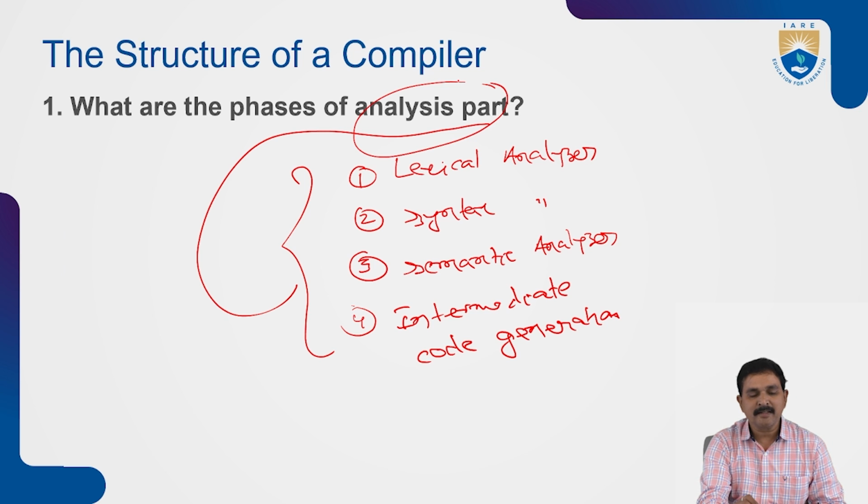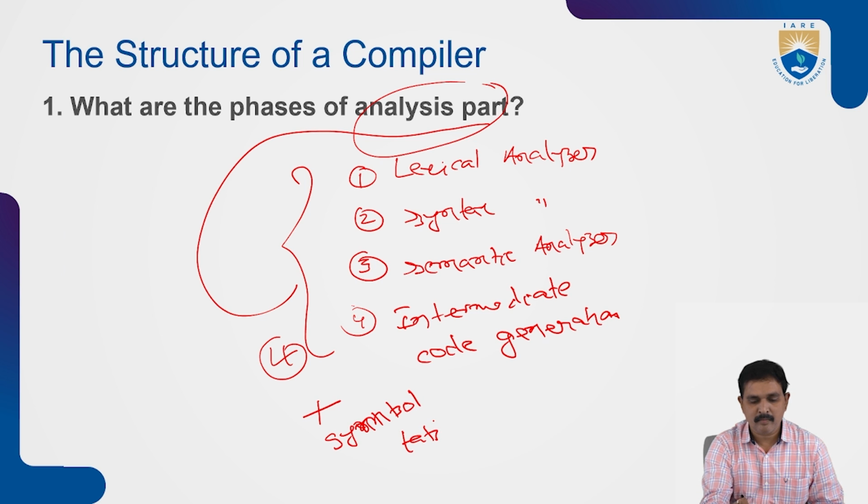These four phases are collectively called the analysis part of the compiler. The compiler structure has the analysis part, which has a total of four phases plus one special data structure called the symbol table. The purpose of the symbol table is that argument values can be stored in it.